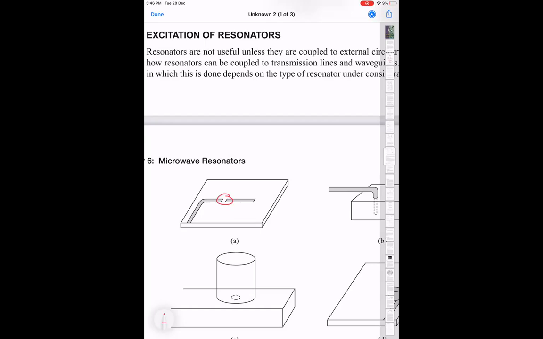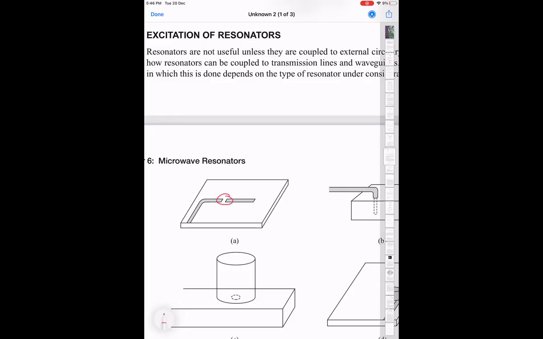At this end, the ground metal comes around and is connected to the central line. So it's a short circuit. This is your shorted end of the λ/4 line. On this side, it doesn't go all the way. There's a little gap here, so this is the open part of the λ/4 section.